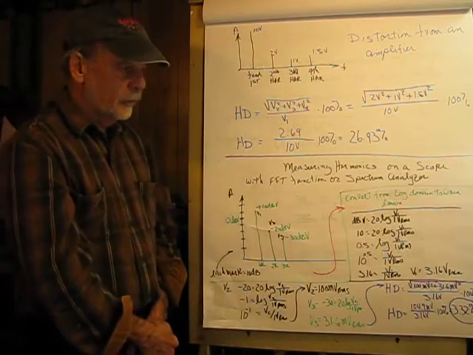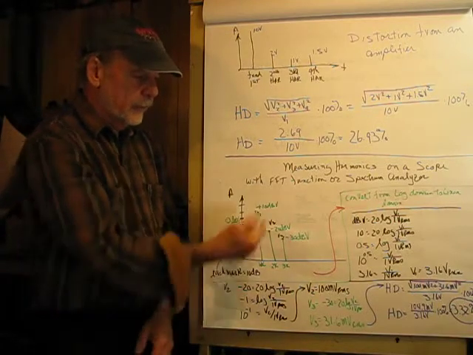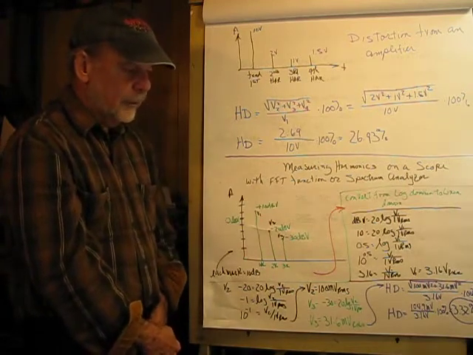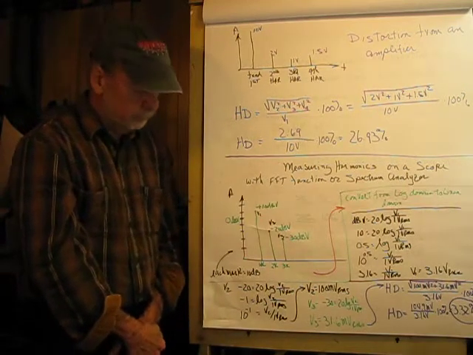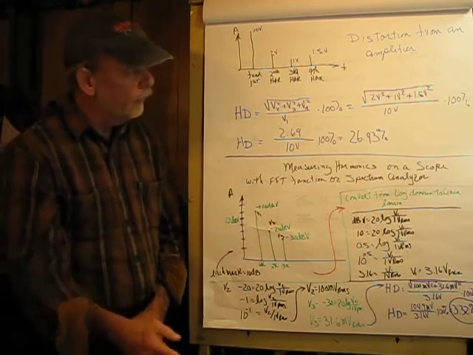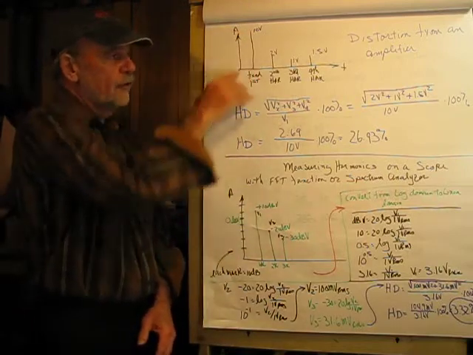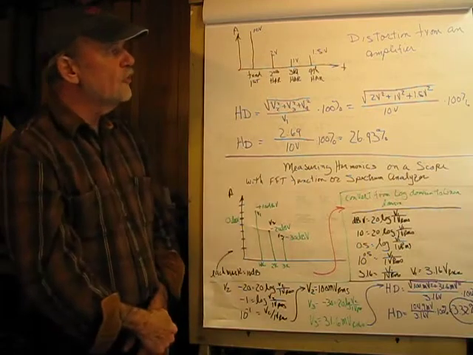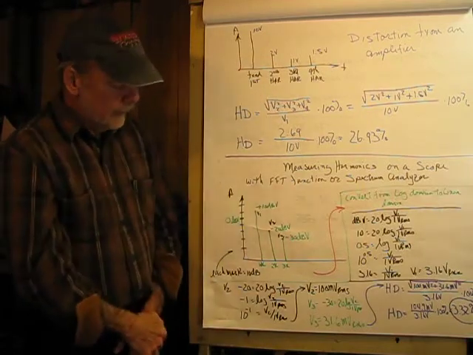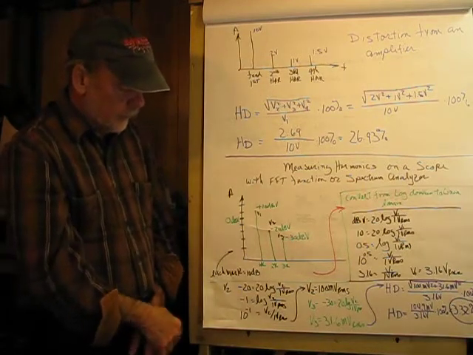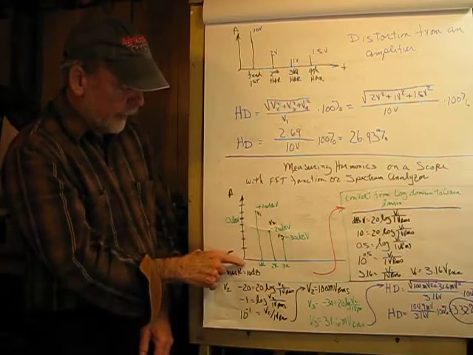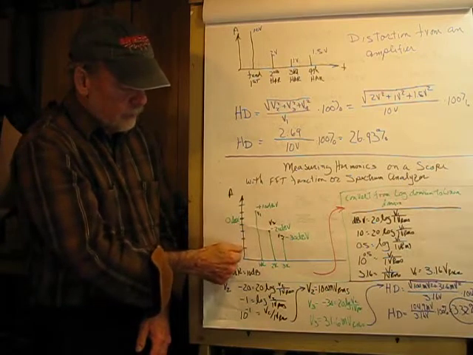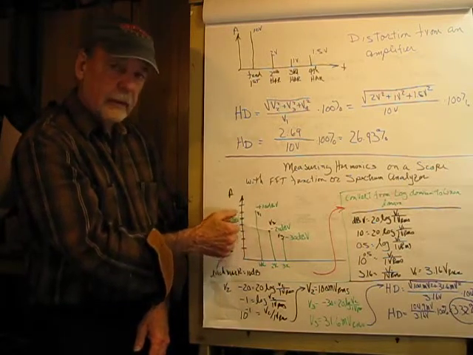Next, how do we measure this on a scope with an FFT function, and that's a math function, or a spectrum analyzer? Well, a little more difficult here is we just don't have these nice presentations with a linear arrangement for the amplitude. Instead, what our scopes do is they provide an output in decibels. And each mark here is 10 dB.